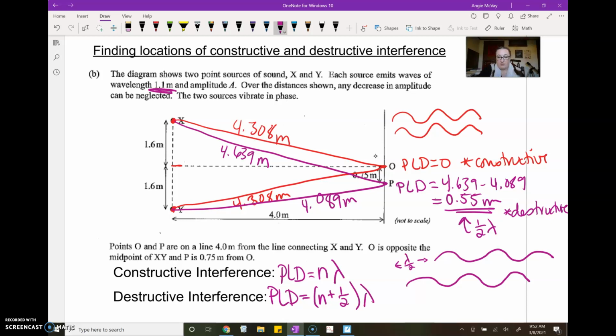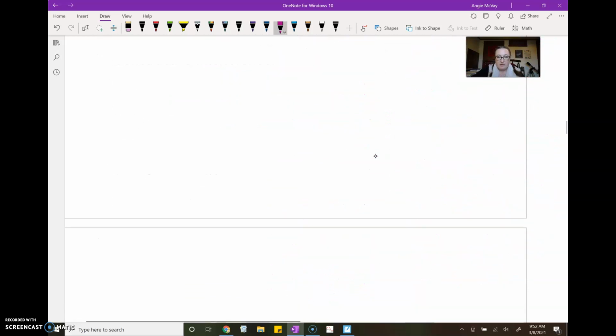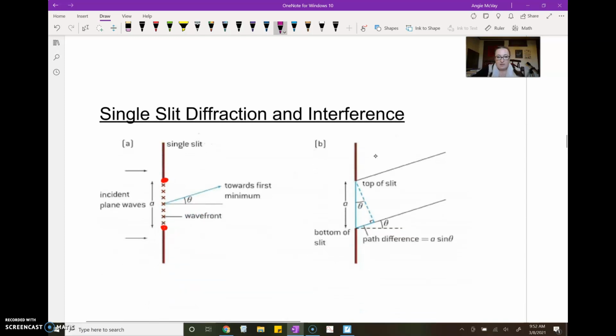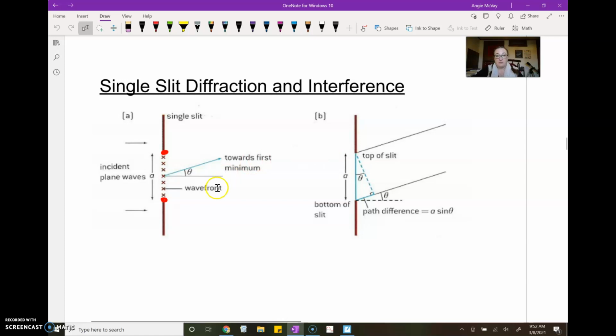So half a wavelength, 1.5 wavelengths, 2.5 wavelengths in order for there to be destructive interference. So this is an important reminder about what we've been talking about so that we can now have that same conversation about light.